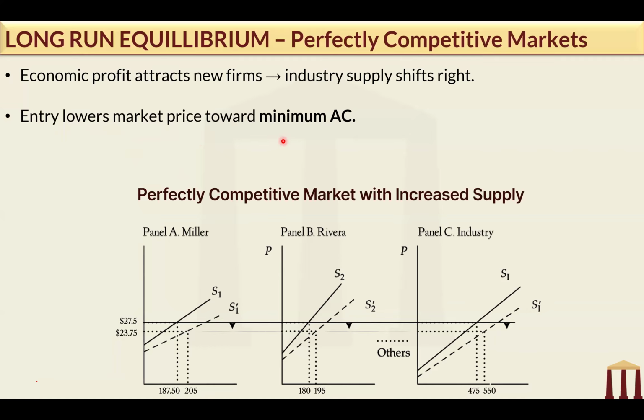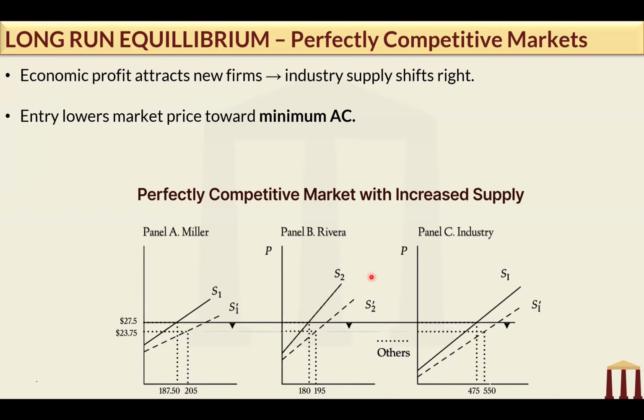As supply increases, the output that all the producers together are offering at every price level will increase because S has now shifted.